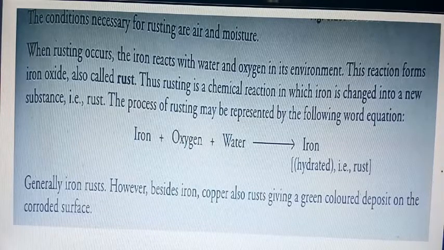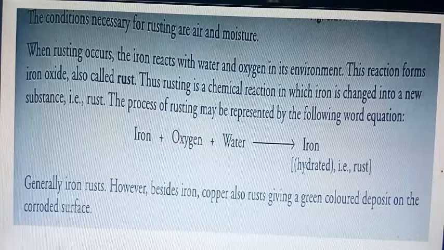Both are required. In presence of air only, it does not rust. In presence of moisture only, it does not rust. So for rusting of iron, air and moisture both are required.